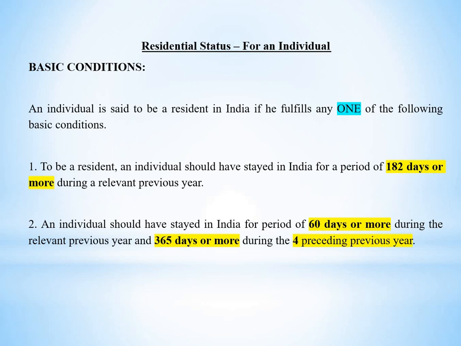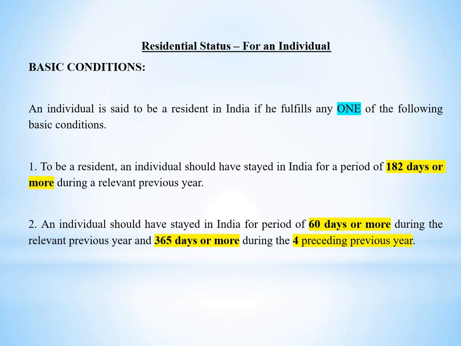There are 2 basic conditions stated by the income tax department of our country. If an individual satisfies any one of the basic conditions, he is going to be a resident of India.